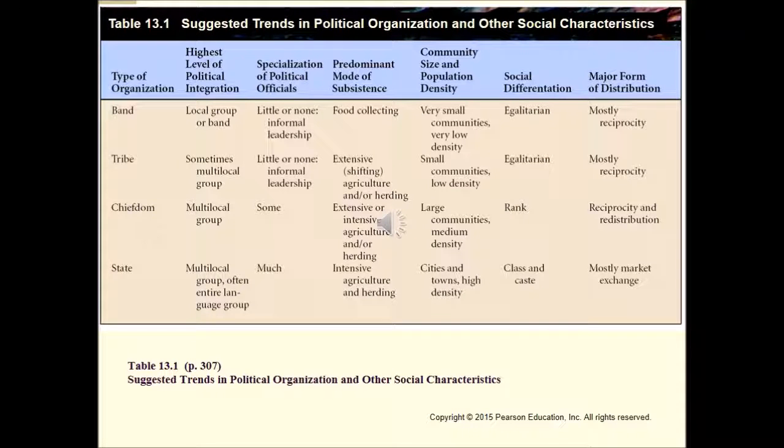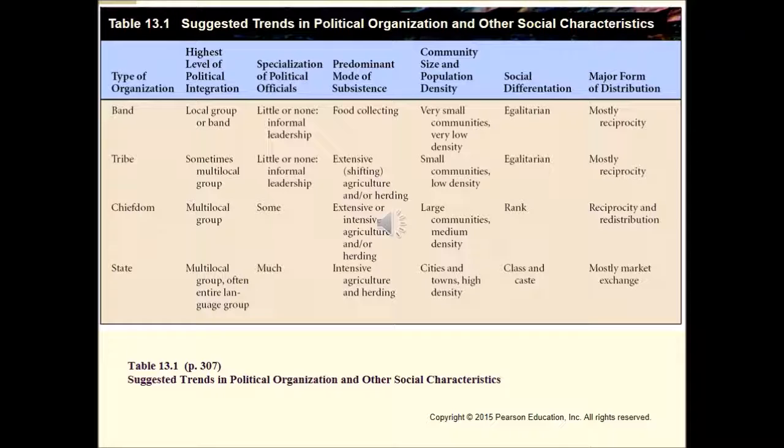Table 13.1 on page 307 is a really good table to look at for this chapter and does a good job of organizing some of the things I just mentioned in the previous slide. I didn't mention social differentiation, but we talked about social stratification, and as you can see in the column on social differentiation, bands are egalitarian.